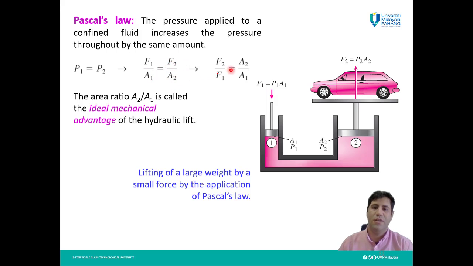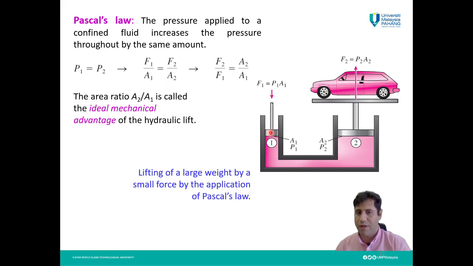By manipulation, we can reach this equation: F2 divided by F1 is equal to A2 divided by A1. You can use this equation to use a small force to push something and to produce a higher force just by changing the area on which the fluid pressure is acting. Small area here, big area here.